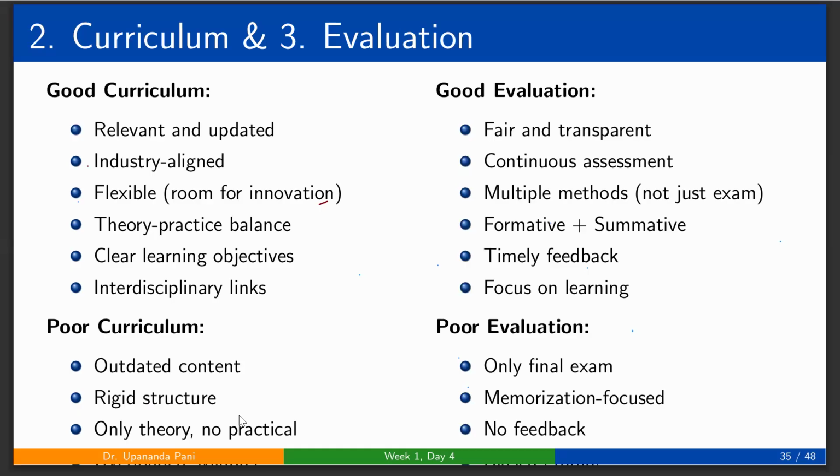And good evaluation, because curriculum and evaluation are very important. Good evaluation is fair and transparent. There should be continuous assessment, multiple methods, not just the exam, formative. That should be evaluation. We will be discussing more on the evaluation, I think, tomorrow. Formative as well as summative, timely feedback, focus on learning. Good evaluation system. Poor evaluation: only final exam, memorization focused, no feedback.